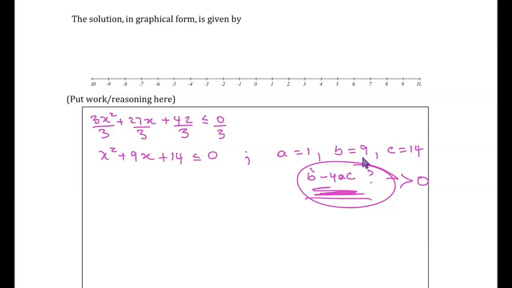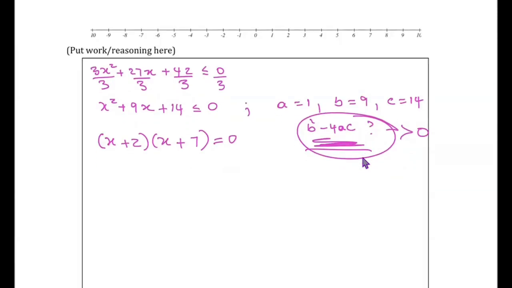So that said, we can write it as x plus 2 times x plus 7, where 2 times 7 is 14, and 2 plus 7 is 9, equals 0, to find the two values that make this expression equal 0. So x plus 2 equals 0, or x plus 7 equals 0.